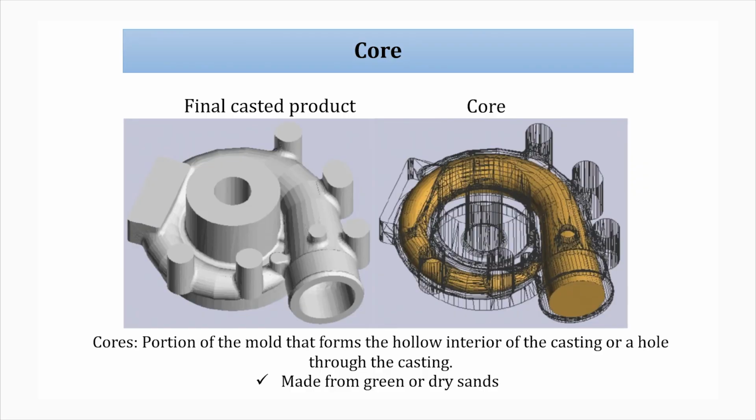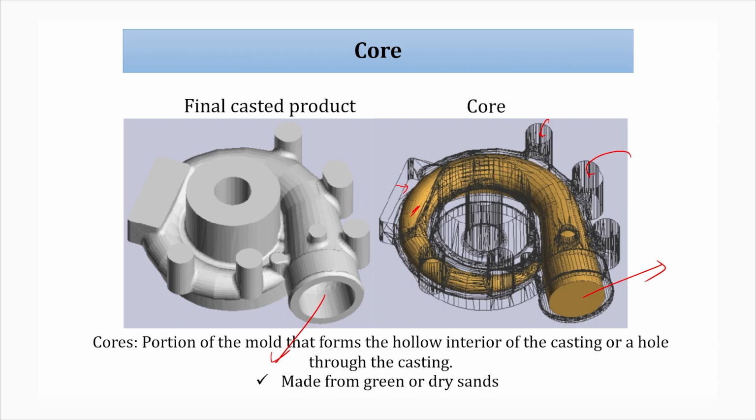You can see I want a hollow product like this, which is very complex, and this is the core, placed inside before the casting. This core is prepared separately. We pour the molten metal, it will go to all the places, but it will not go into the sand because the core is already there.